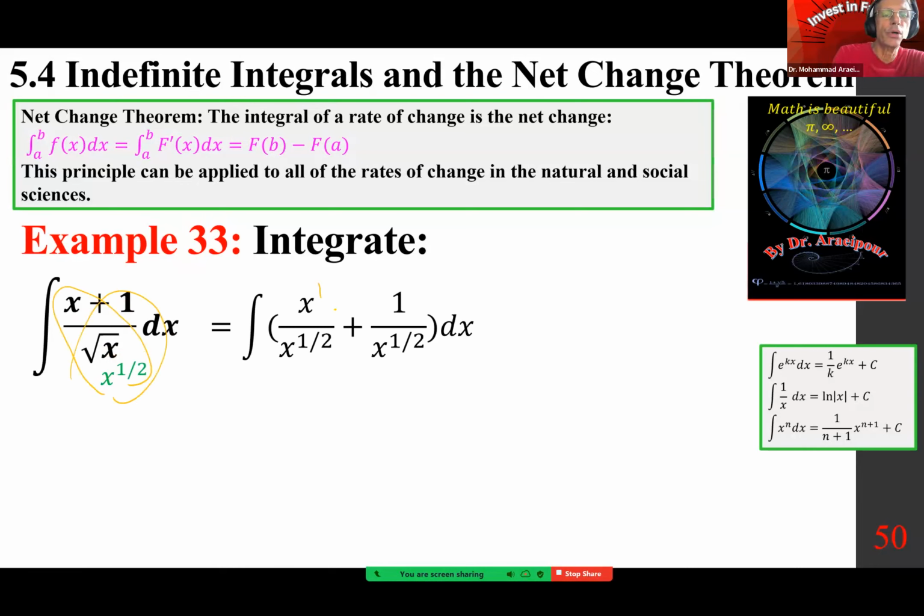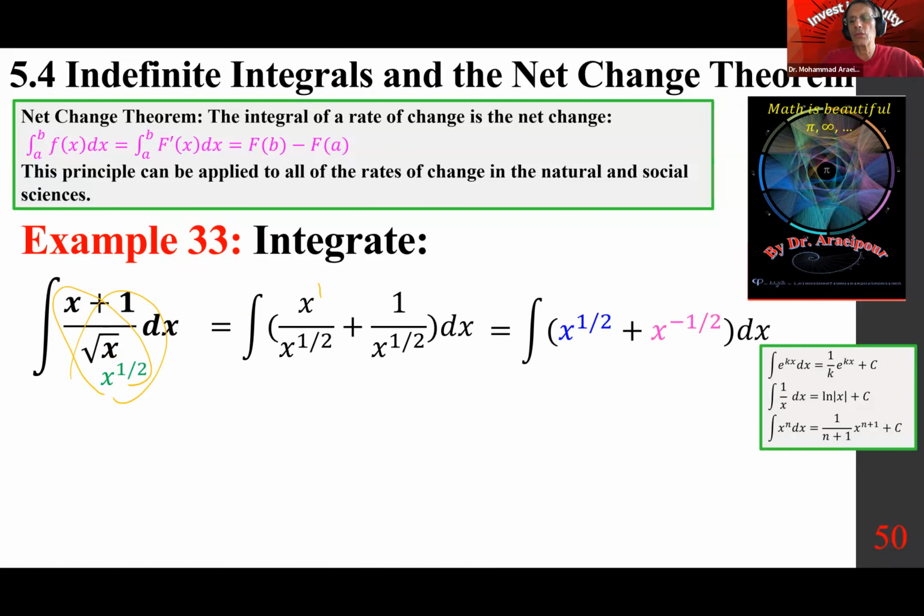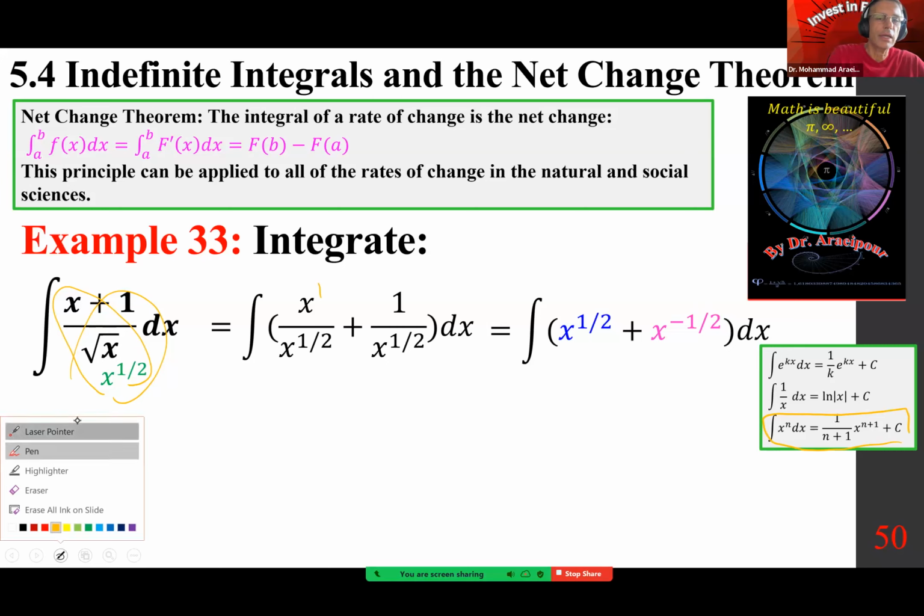The top has exponent 1 and the bottom has exponent 1/2, so 1 minus 1/2 for the first one gives you x to the power of 1/2, and the second part is x to the power of negative 1/2. We do that so we can use the power rule on that.